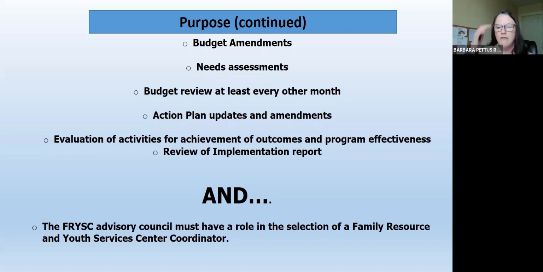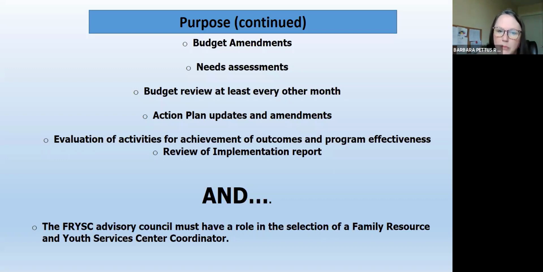Also, the Advisory Council should be involved in the evaluation of all the activities to help you decide if you're on the right track with the programs and services you're providing. So the Advisory Council should have a say in that evaluation. And then you will do an implementation report at the end of the year, and your Advisory Council should be a part of that. You should report those things out to the Advisory Council, and they should help you review that.